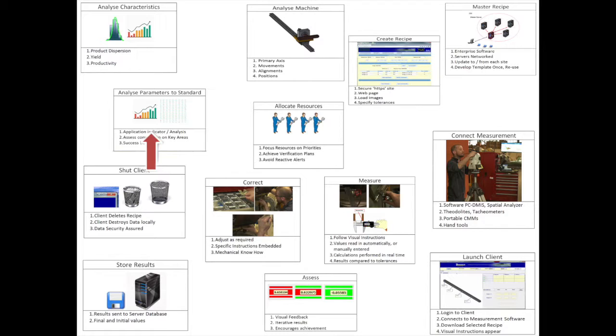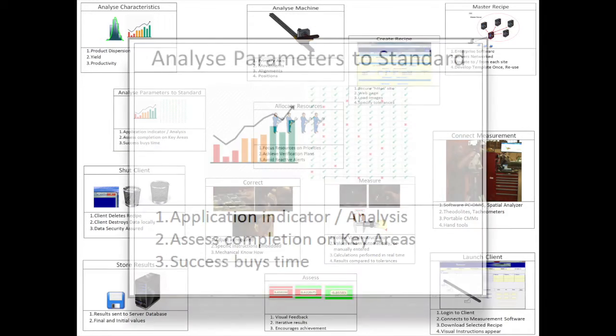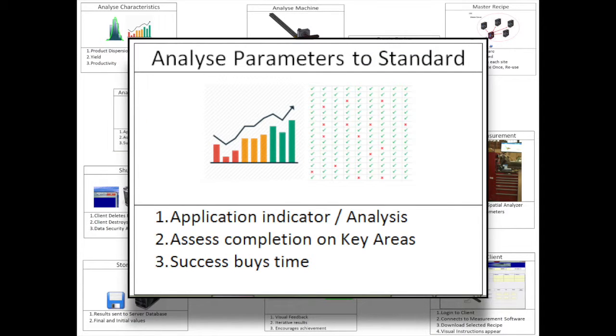Now that you've performed all the measurements, you're going to be able to analyze whether those parameters you've measured are good enough compared with the standards or limits that you've set.